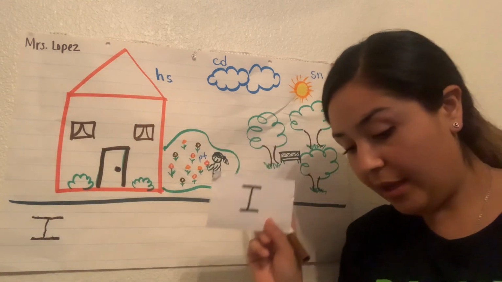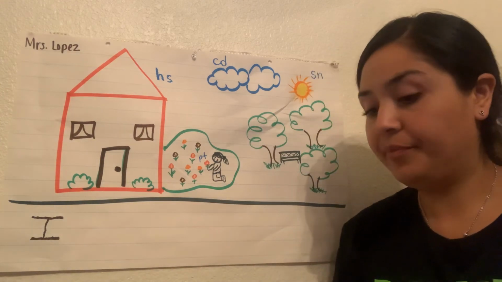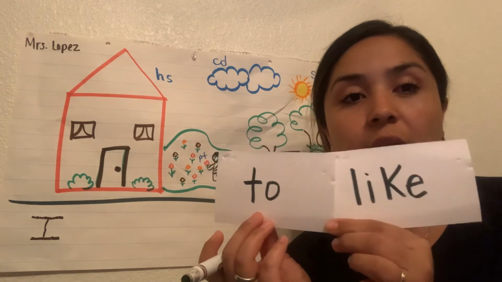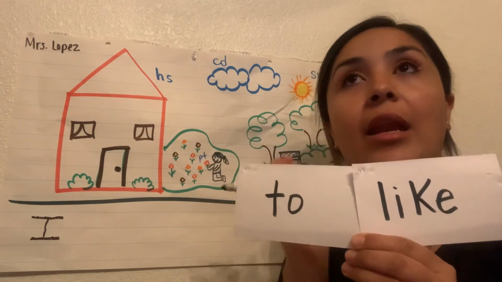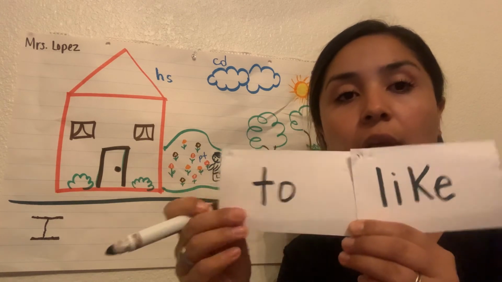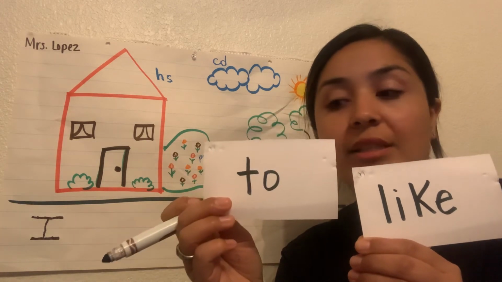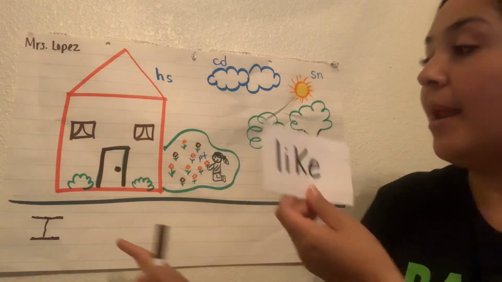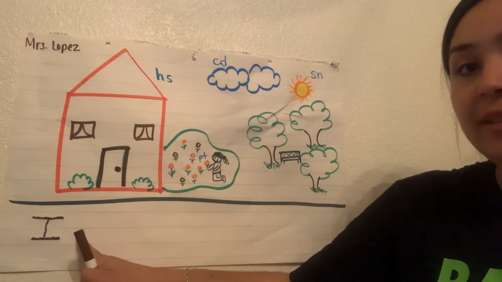Okay. Then like. I have 2 of these. Which one says like? Well, if I try to sound it out, I know that like starts with an L. So it can't be this one because this one starts with a T. So it's this one. So I'm going to write like, and I make sure that I leave my finger space.